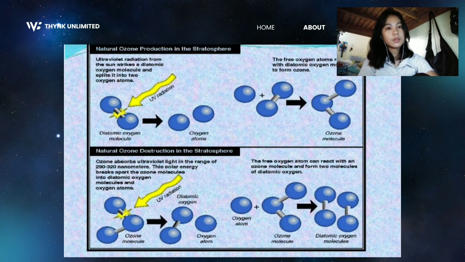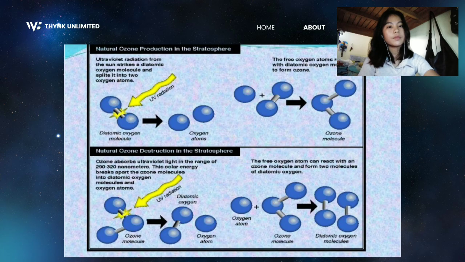The oxygen molecule contains two atoms. So, when the energy from the sun or UV rays strikes it, it splits into two and forms single oxygen atoms.